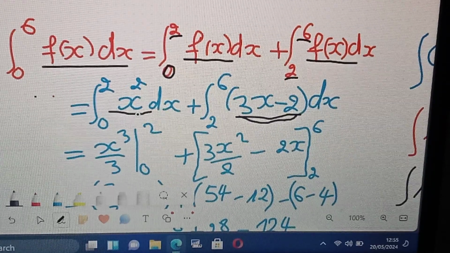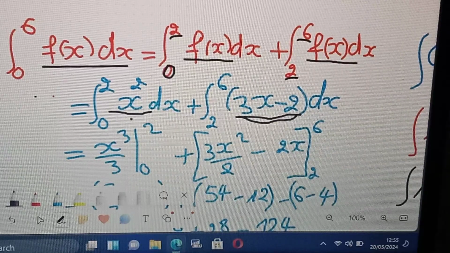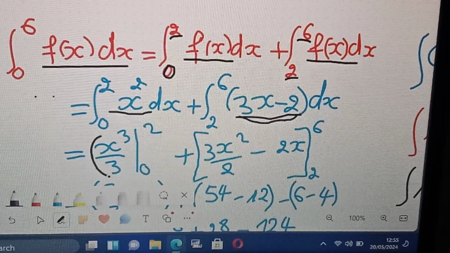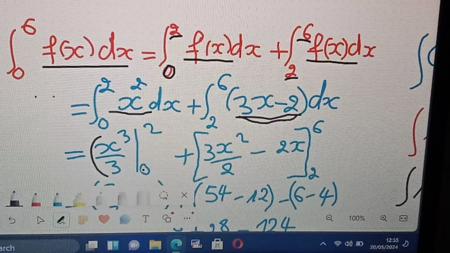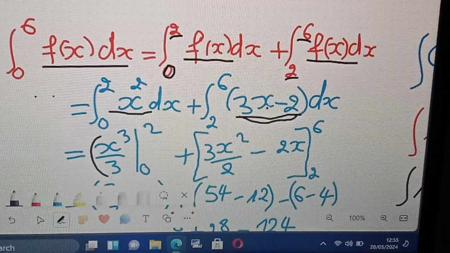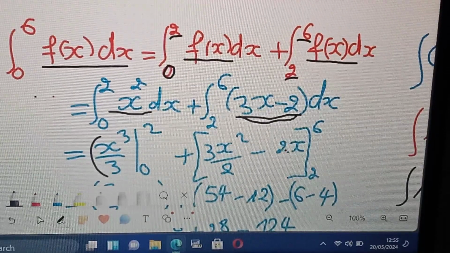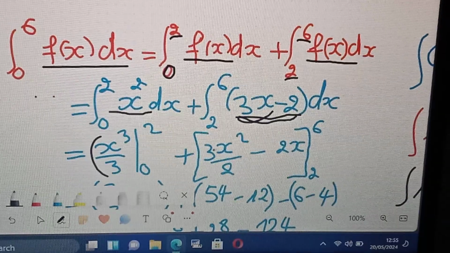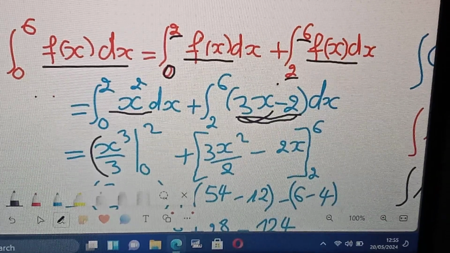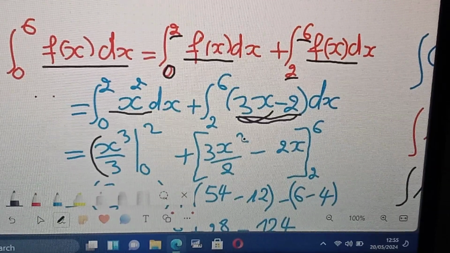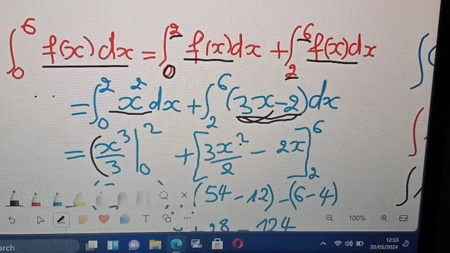Now, as we know, the integral of x squared is x cubed over 3, and then we replace those boundaries. Here we have the second function, 3x minus 2. We integrate separately. The integral of 3x is 3x squared over 2, because we added 1 to the power.